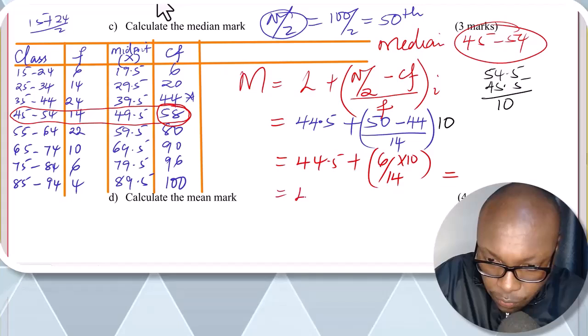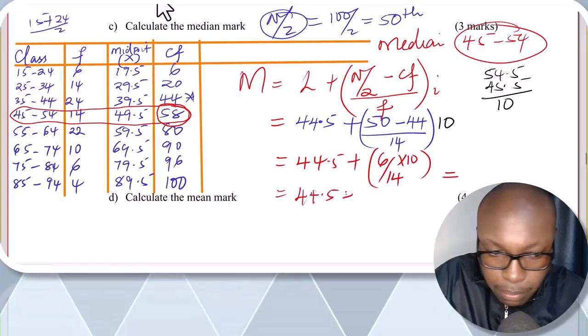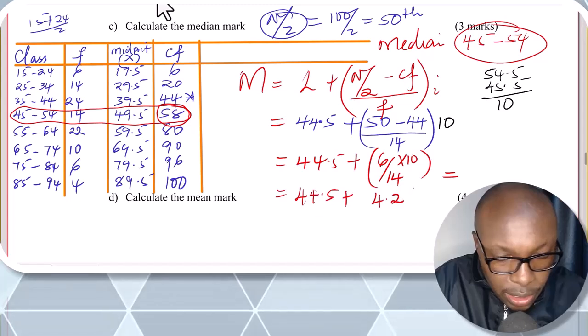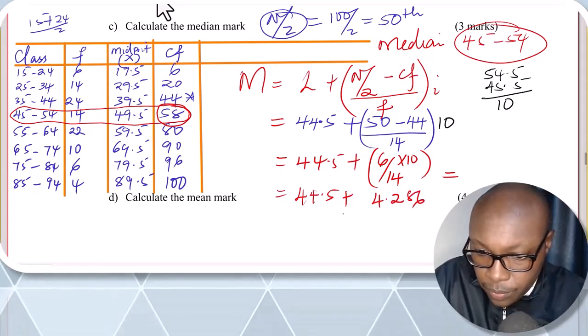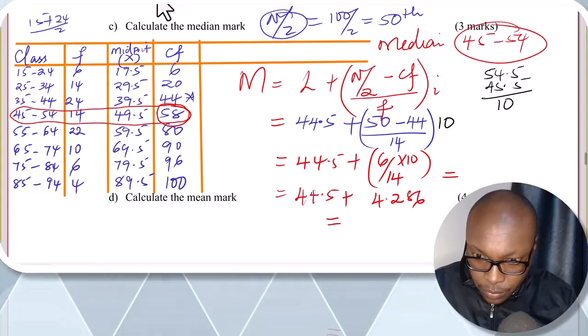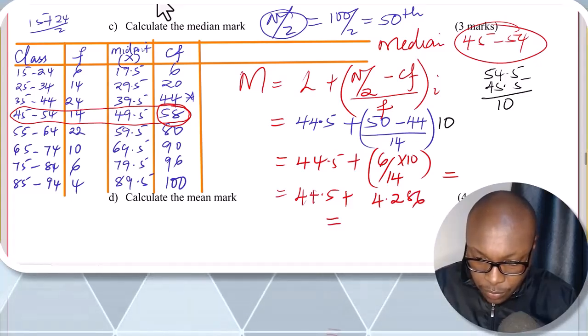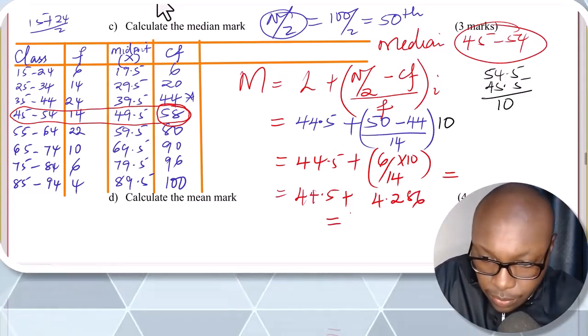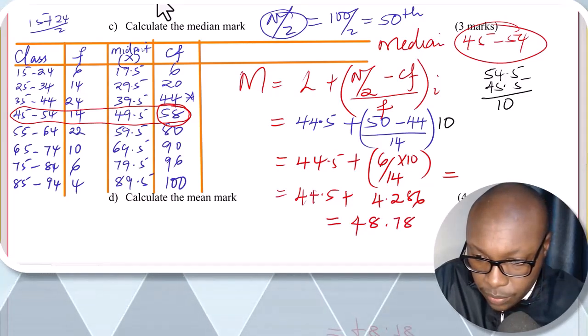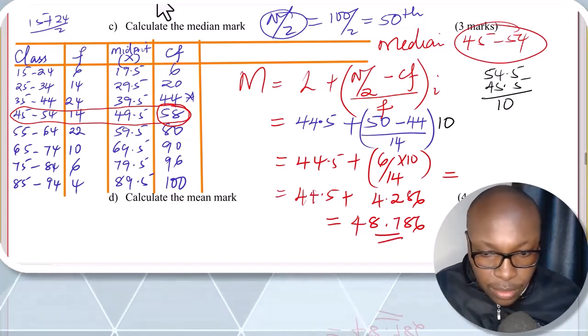So this will be 44.5 plus 4.286, which gives 48.786. So that is the median mark.